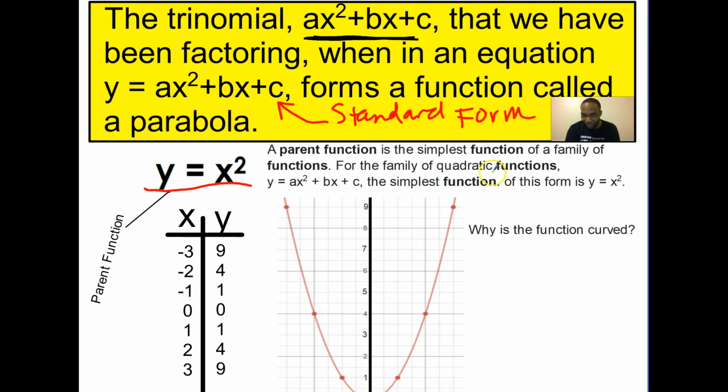So y equals x squared is the simplest form of this function right here, which is in standard form. And so the simplest form of this function is called the parent function.